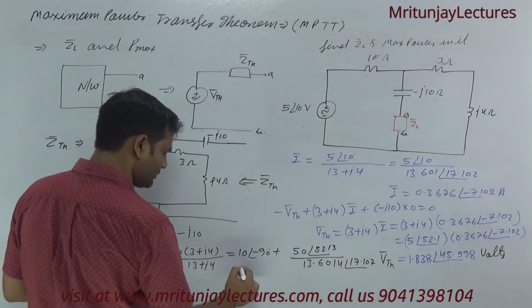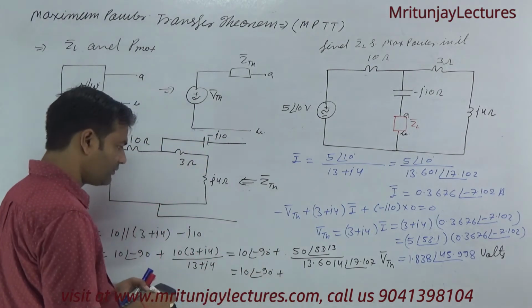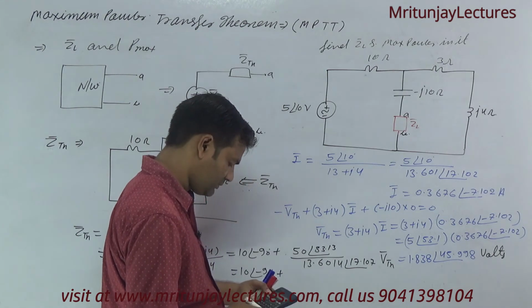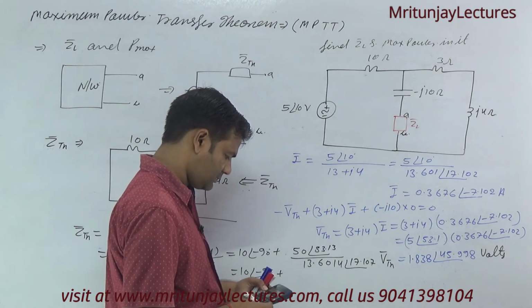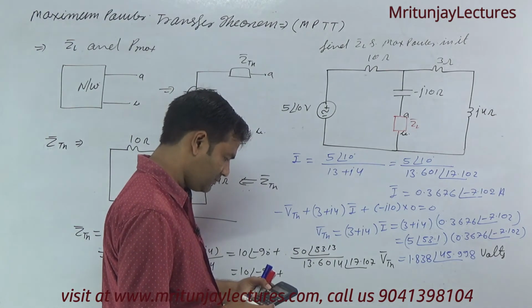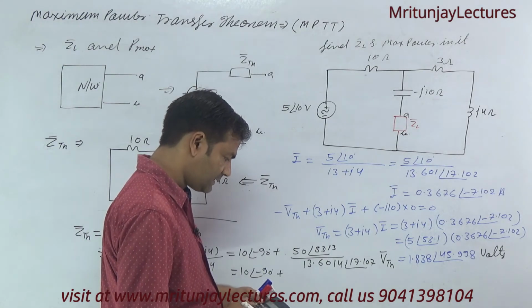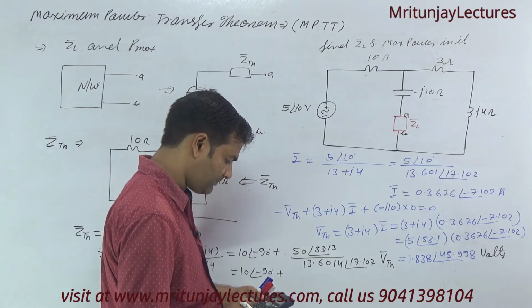So it is 10 at the angle minus 90 plus 50 at the angle 53.13 divided by 13.6014 at the angle 17.107.